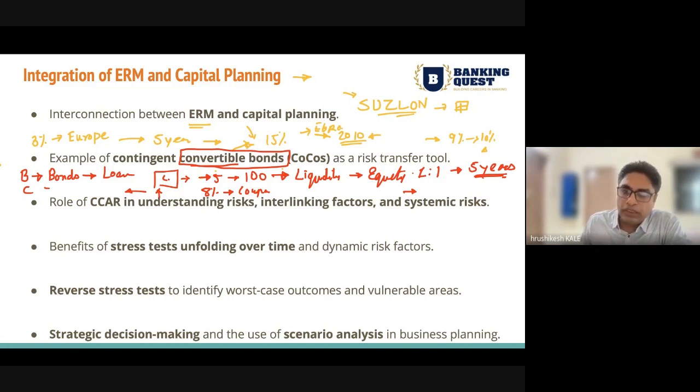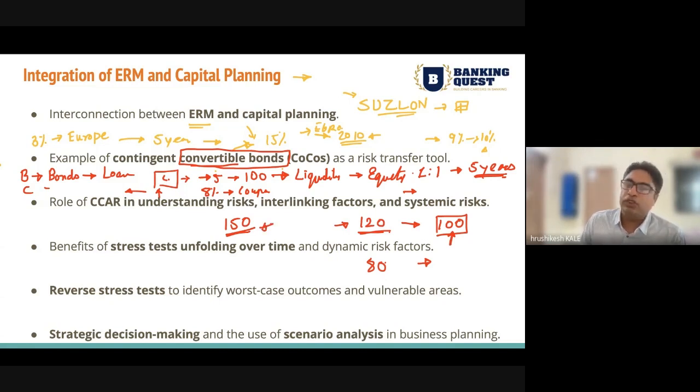Now let's suppose the price of the equity share is 120 and the price of the bond is 100. It is always feasible for an investor to convert it into equity share and get 120 rather than getting 100 rupees. But if the market price is 80, what will the investor do? They will keep the bond as it is. But if the market price of the share becomes 150, they will convert it into equity share and get 150.